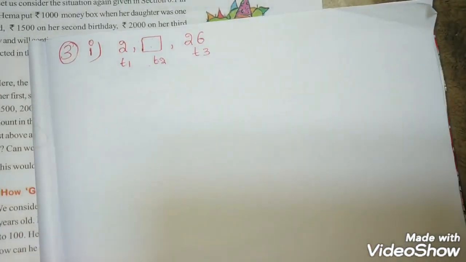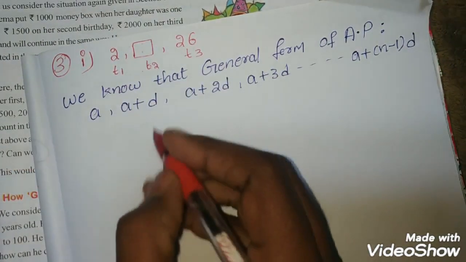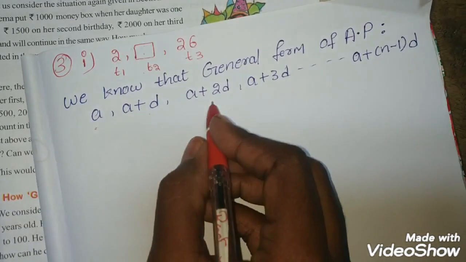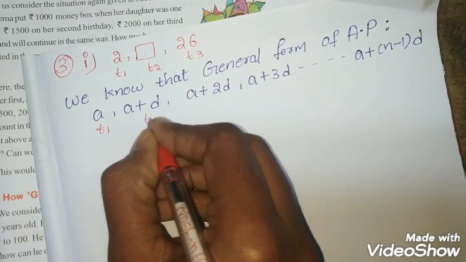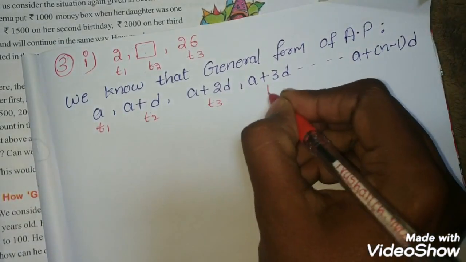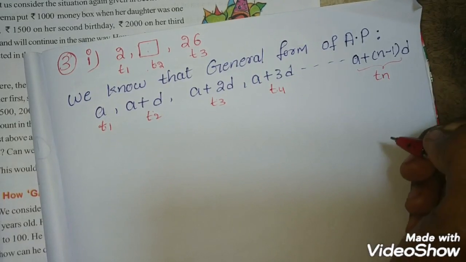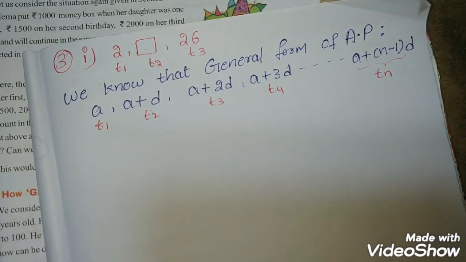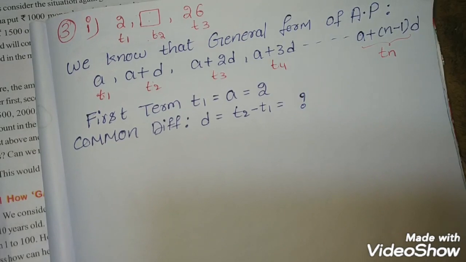So let's start. We know that the general form of an arithmetic progression is a, a plus d, a plus 2d and so on, a plus n minus 1 into d. This is term 1, term 2, term 3, term 4 and this is term n, that is the nth term. Okay. What is the first term here?